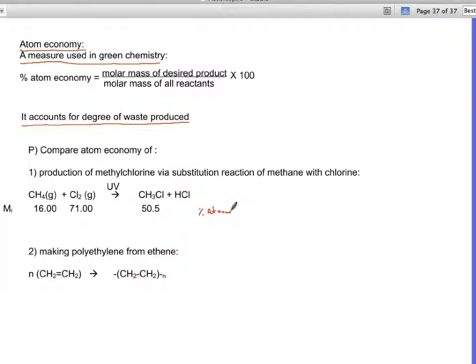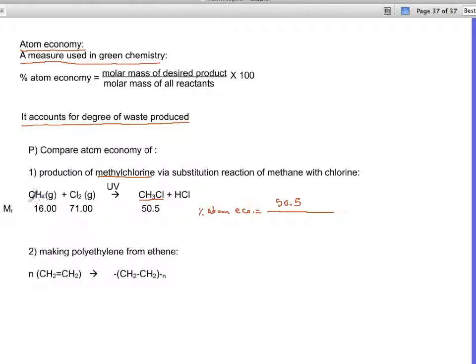atom economy, I will go after the desired product, which is methyl chlorine. And the molar masses I provided here, so I have 50.5, and since it's relative, you don't need the unit for it. Grams per mole is not needed.